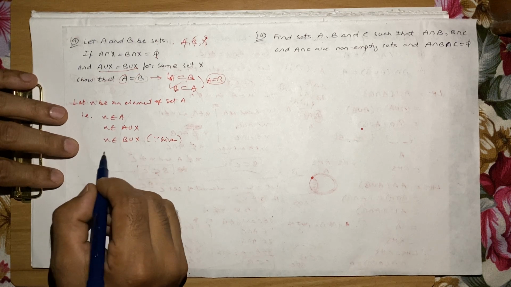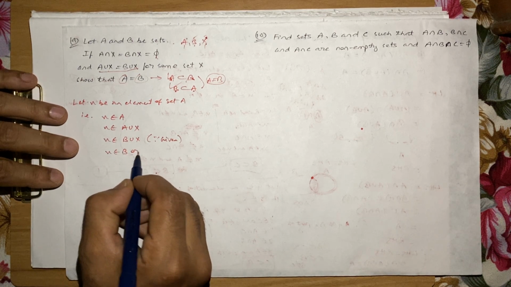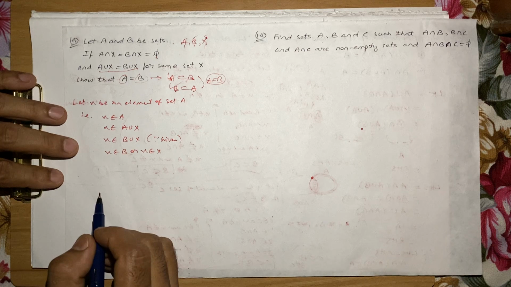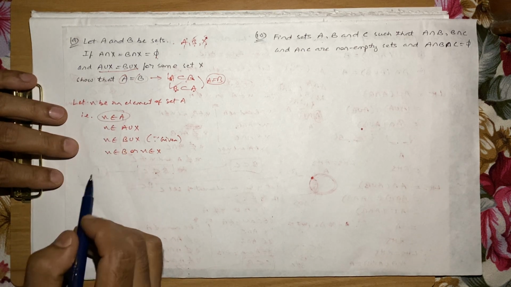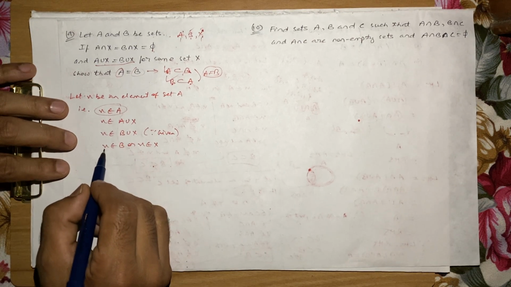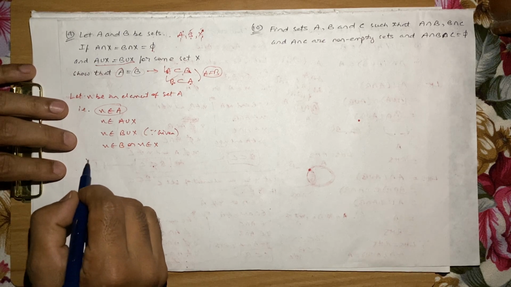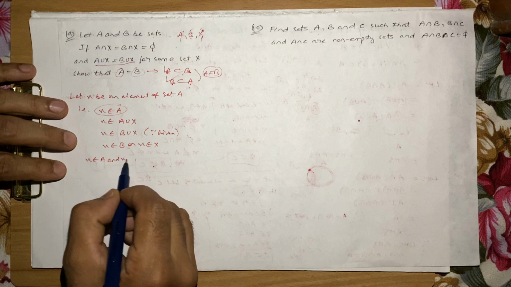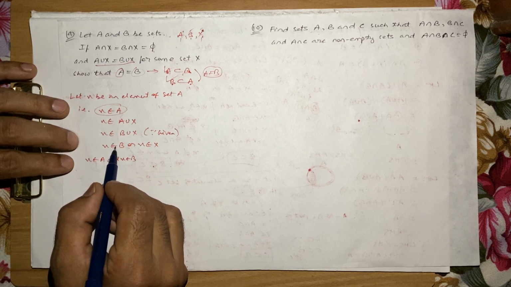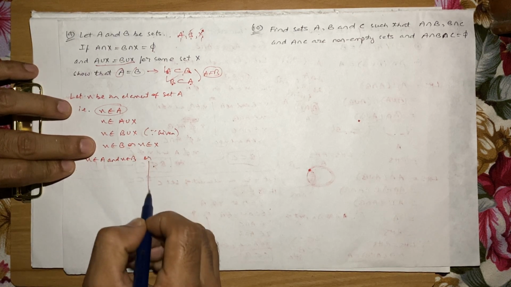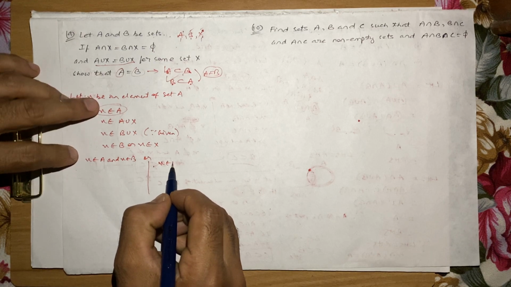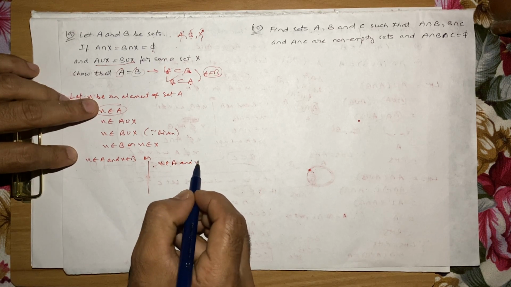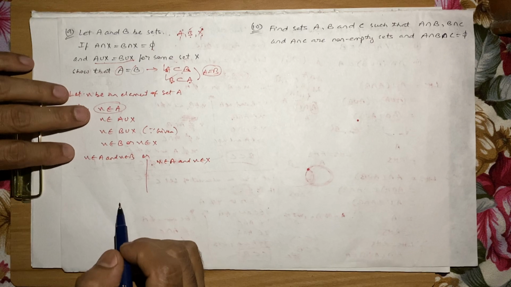Now what can I write next? That x belongs to B or x belongs to X, right? So I've started from x belongs to A, and I've shown that x belongs to B. Means x belongs to A and x belongs to B, either this one, or x belongs to A and x belongs to X, right?